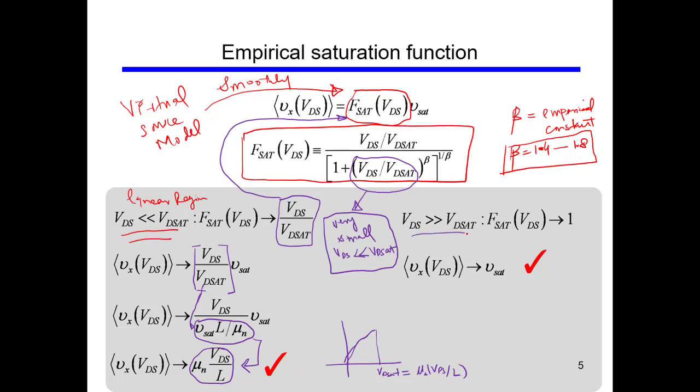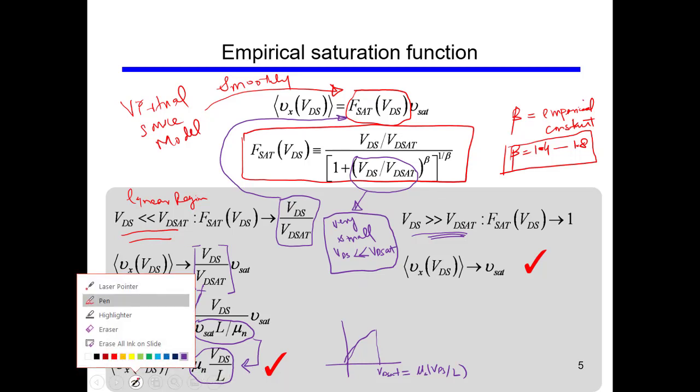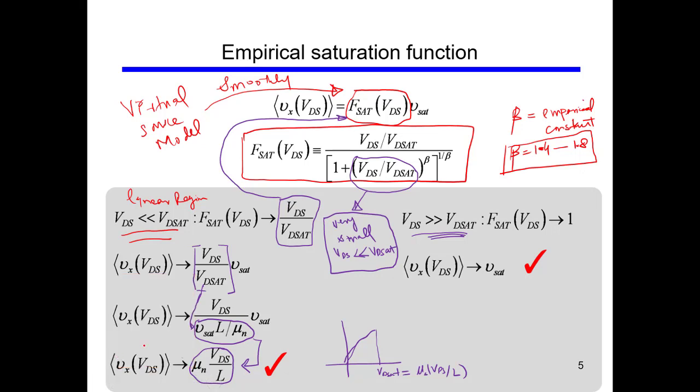And when we have VDS very much greater than VDSET, the denominator dominates, and you can neglect 1 in comparison. So I can write that VDS by VDSET is very much greater than 1.